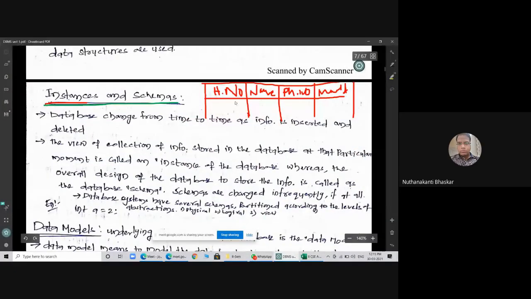Shubham, tell me 51. Then your name is Shubhashish, and your phone number is something. Mail ID is something. Tell me quickly. One more. 52, sir. 62. What is your name? Naveen. Naveen, sir.